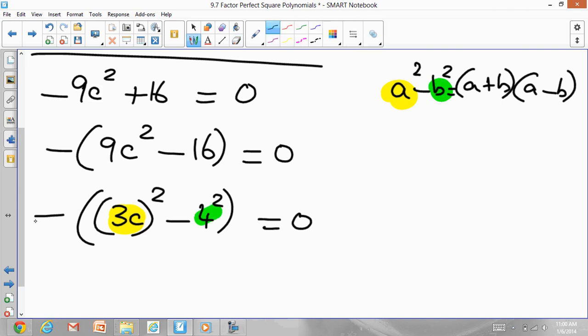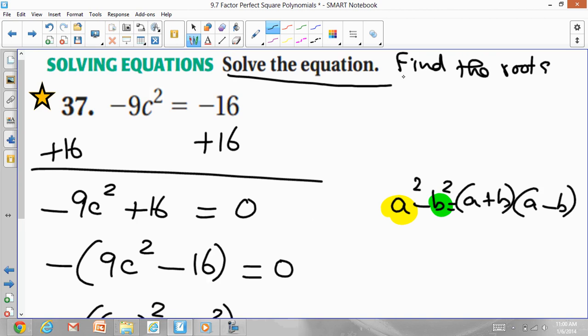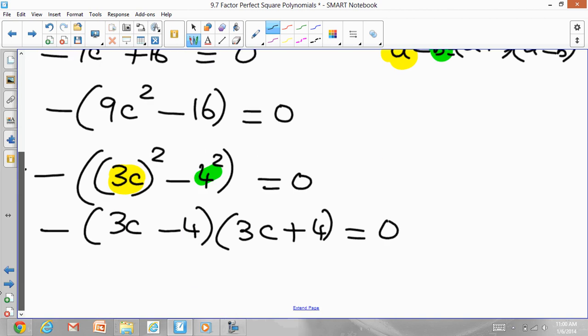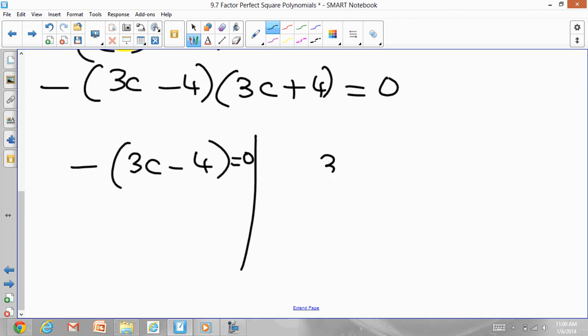So applying the a squared minus b squared formula, I have negative, 3c minus 4, 3c plus 4 equals 0. Now you're asked to solve the equation. Keep in mind, solving the equation, find the roots, find the 0 roots, they all mean the same. So I'm going to break it apart. I'm going to write 3c minus 4 equals 0, and 3c plus 4 equals 0.